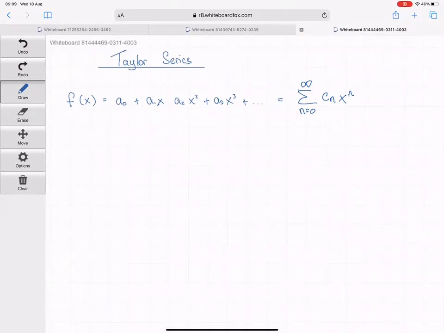Right. Okay, so in order to understand this polynomial, really what I need are these constants. I need to understand what these constants are. So how can I find the constants? Any ideas?